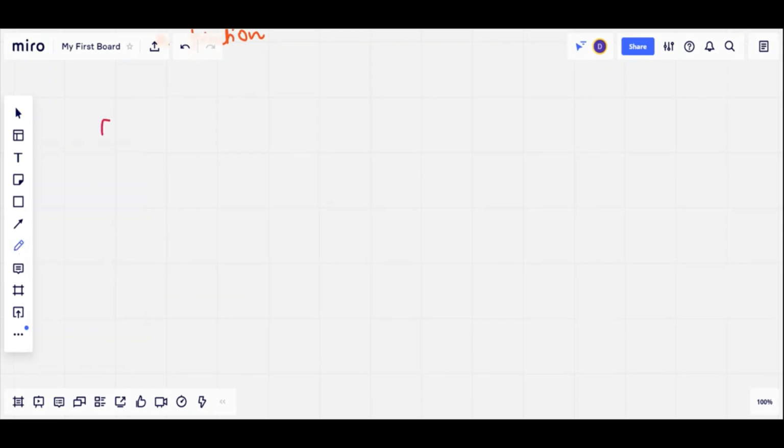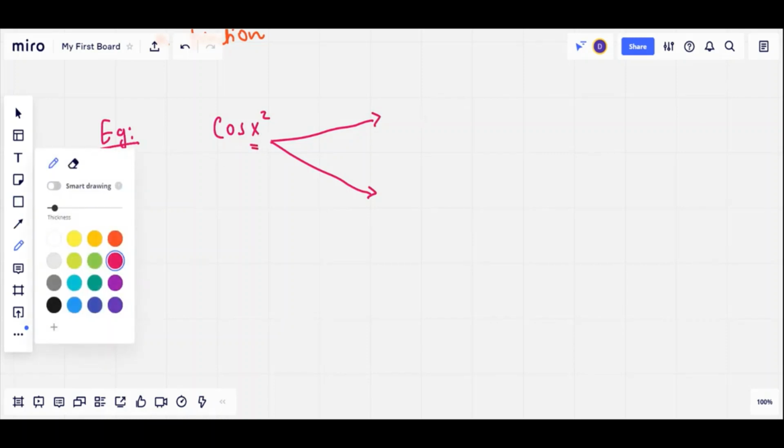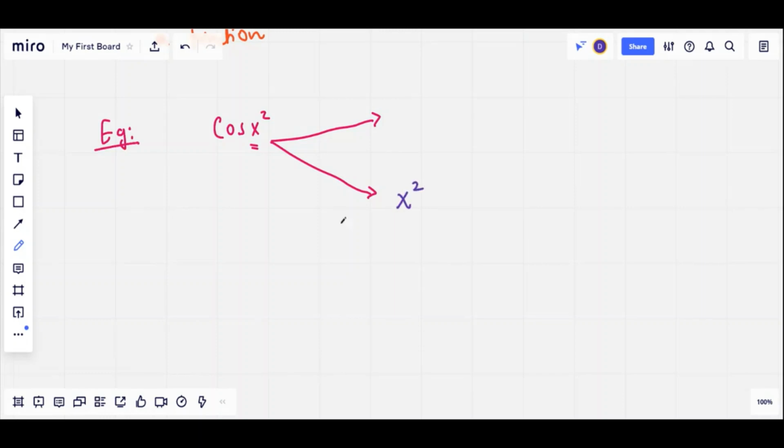One simple example of a composite function is cos of x square. Let's divide this into two parts, one the outer function and one the inner function. Clearly, the inner function is x square, and the outer function is cosine.